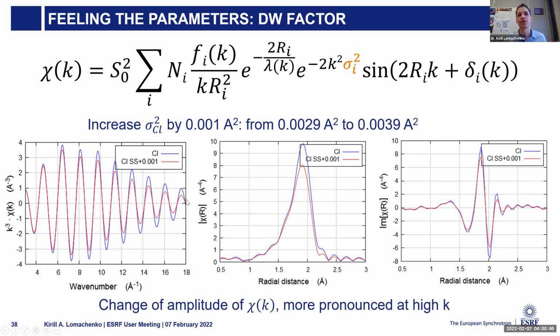That explains the effect that we see during measurement at high temperature. When we heat our material, the oscillations in EXAFS get damped, less intense, and that's because the atoms start vibrating much more, due to the increase of the Debye-Waller factor.